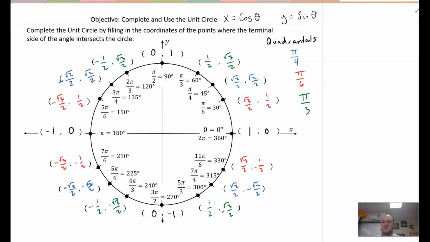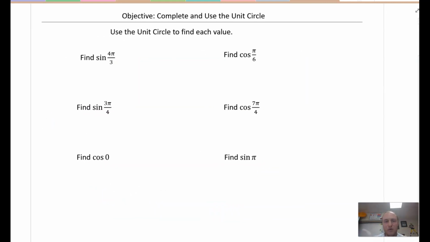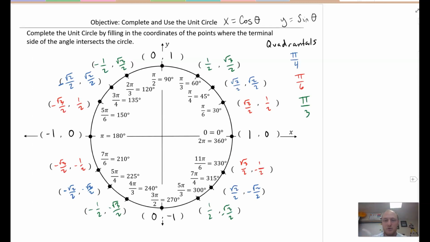Okay, so when we're asked what is sine of 4 pi over 3, what I really want to know is what's the y value at 4 pi over 3. So I go to my unit circle and locate where 4 pi over 3 is.